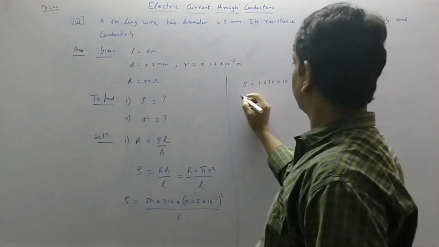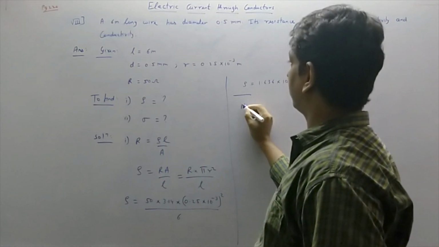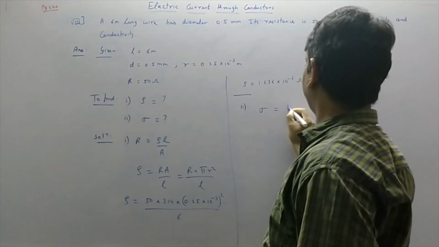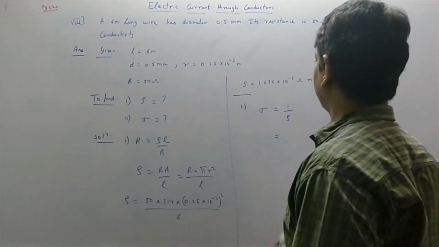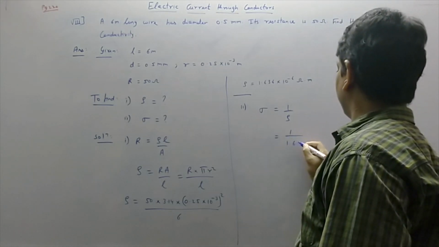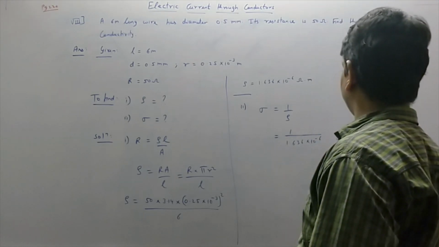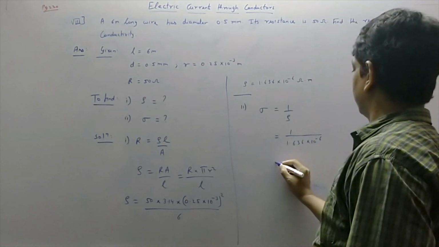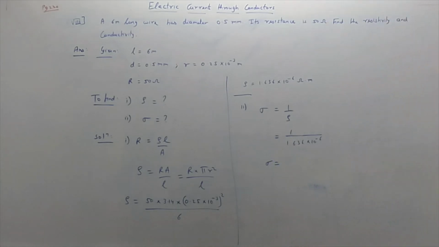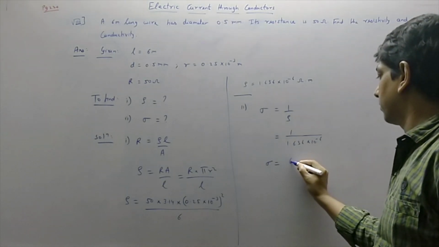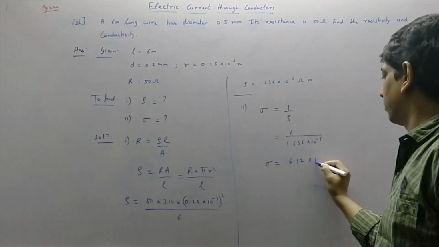Then the second thing is finding the conductivity sigma. Sigma is the reciprocal of resistivity, 1 upon rho, and you can find this reciprocal in your logbook. The reciprocal of 1 upon 1.636 is nearly 6.12, so the answer is 6.12 into 10 raised to 5.